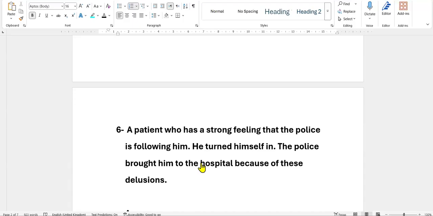If you are in the GP and the patient is talking to you over the phone, you will try to explain to the patient what the problem is, and it's important to come to the hospital. If he doesn't want to, you send the home treatment team to the patient.